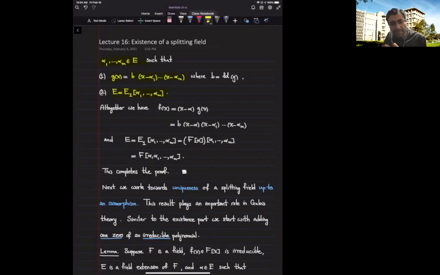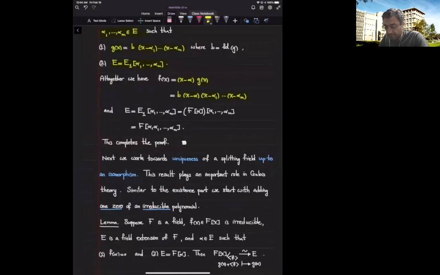So if I put them together, I get that f of x, which is x minus alpha times g of x, is now a product of these degree 1 factors, x minus alpha 1, dot dot dot, x minus alpha m, and possibly I need to multiply it by the leading coefficient of g, which is the same as the leading coefficient of f, because the other factors are monic.